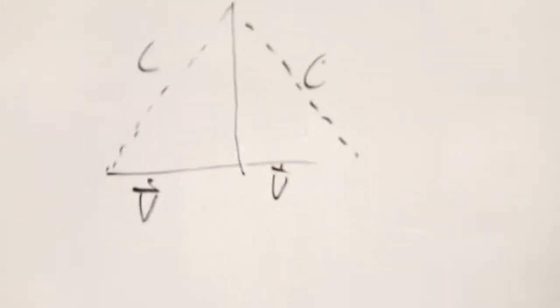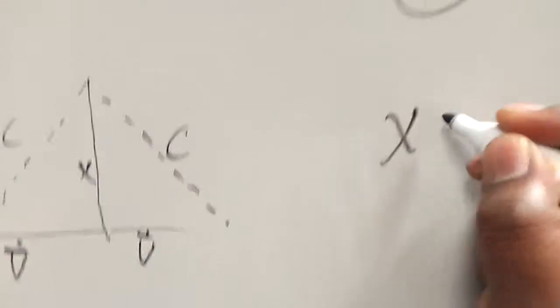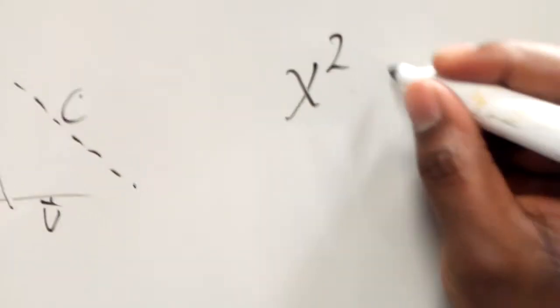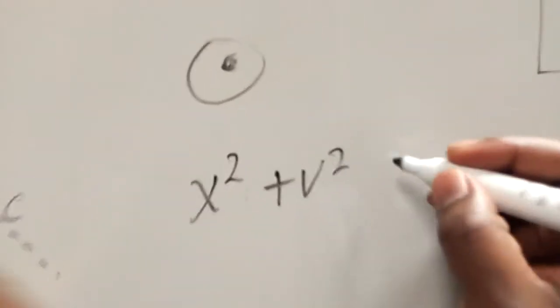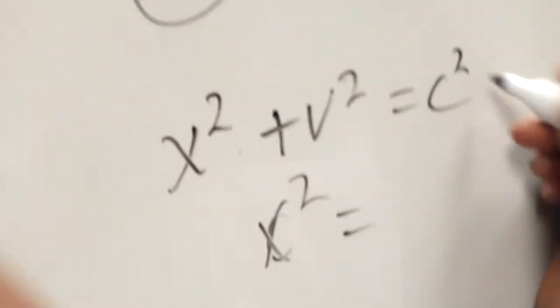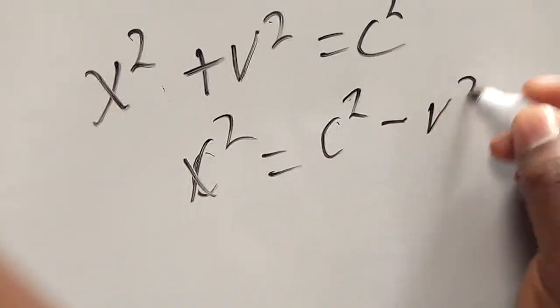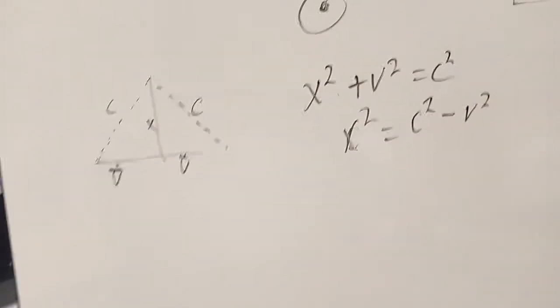So we know that c squared, let's say this is x. x squared plus v squared, according to the Pythagorean identity, is equal to c squared. x squared is equal to c squared minus v squared, which is the displacement of the light beam.